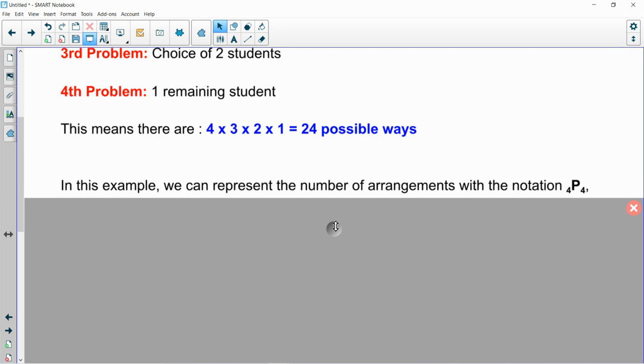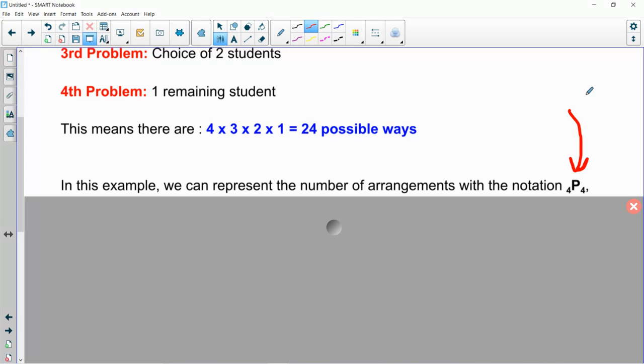So let's talk about notation. For this example that we just did, we showed that the math behind our answer was 4 times 3 times 2 times 1. Well, that exact expression can be written using notation. We can use this notation right here for permutations.